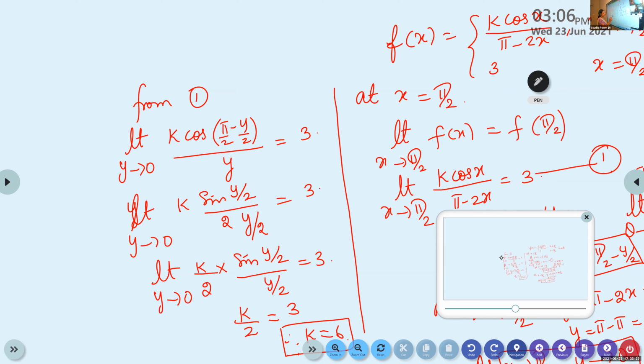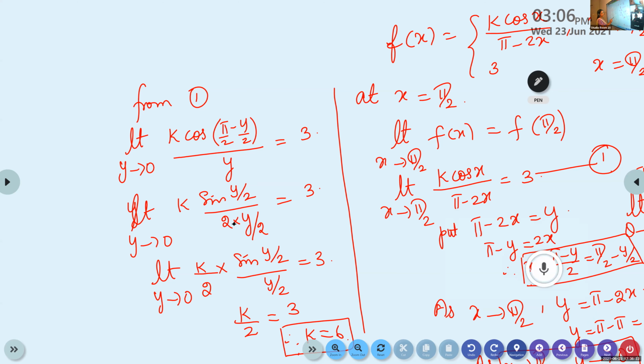Here we have only y, the 2 is not there. So we multiply and divide by 2 and group the terms: k by 2 into sine y by 2 by y by 2 is equal to 3. Sine theta by theta is 1, so we get k by 2 is equal to 3. Therefore, k is equal to 6.